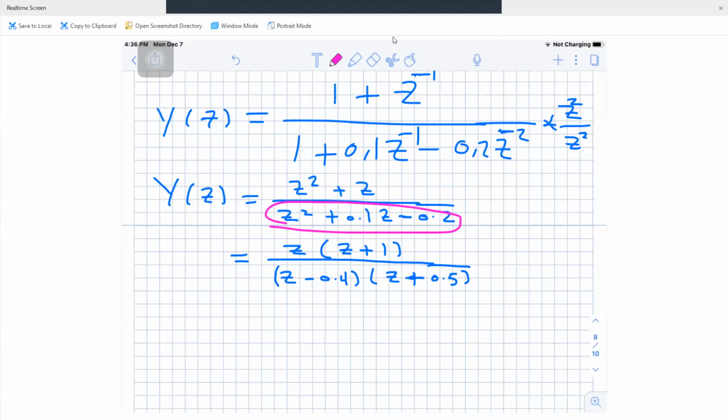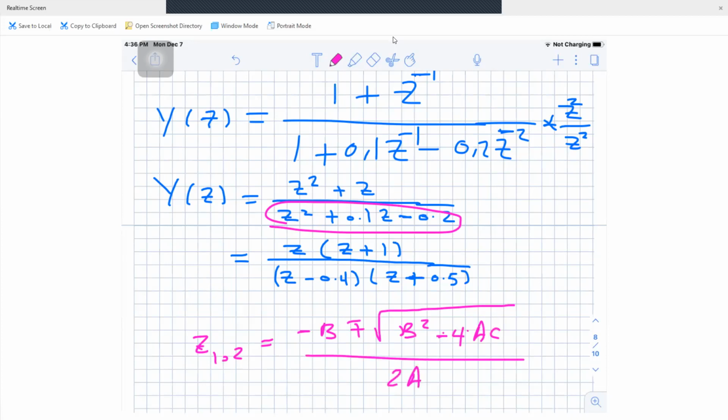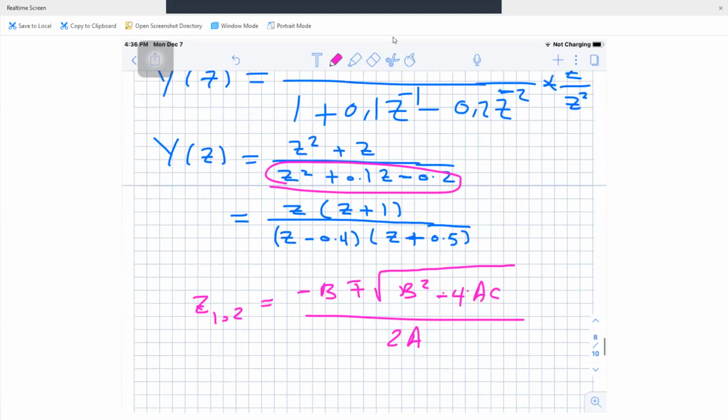Well, so it will be Z equals minus b plus minus square root of b square minus 4ac divided by 2a. Okay, to find the roots of the second order system, you may use this equation. Directly you can determine the answer without mistakes.